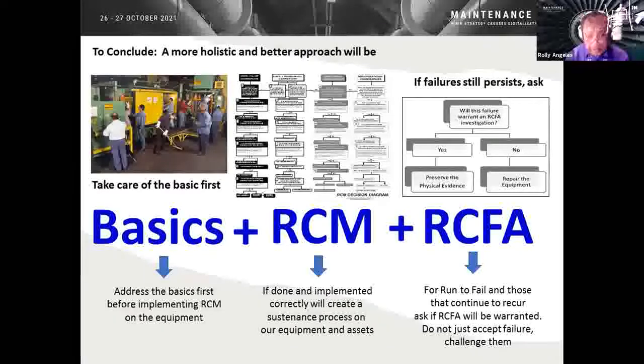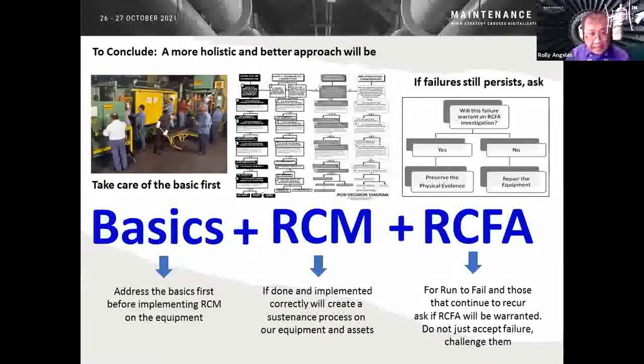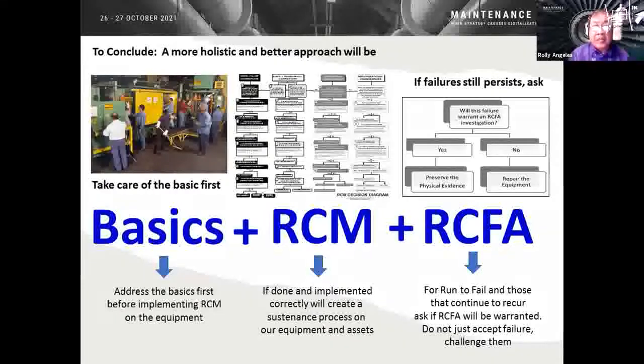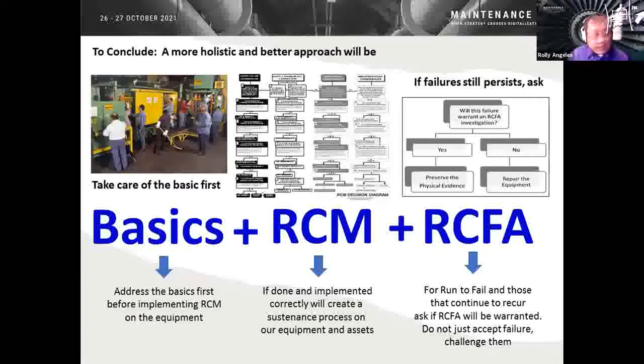If we answer no, go ahead and repair. But if it is necessary to conduct a root cause failure analysis, the first thing you need to do is preserve the physical evidence. So I think that's about it.